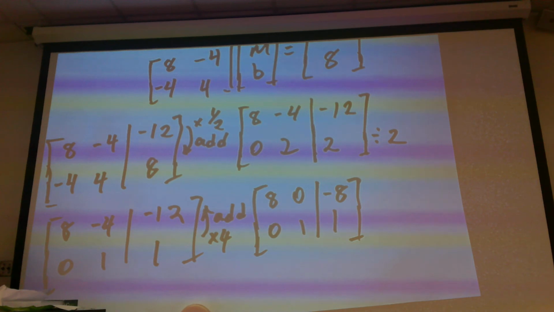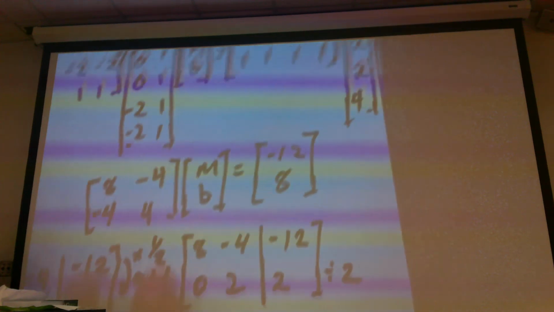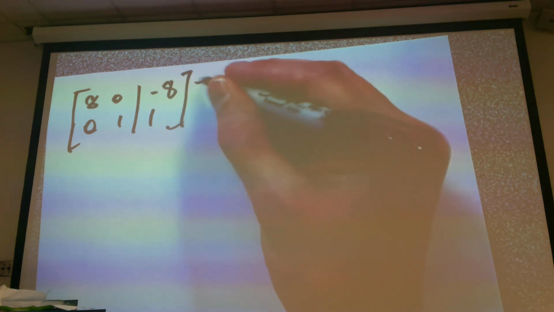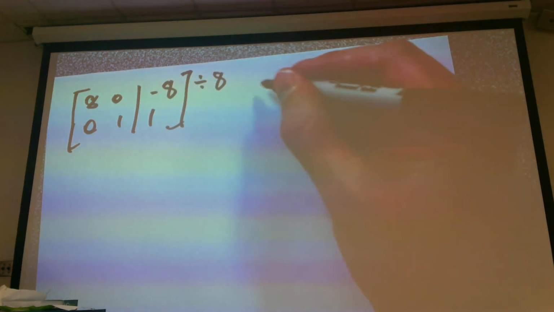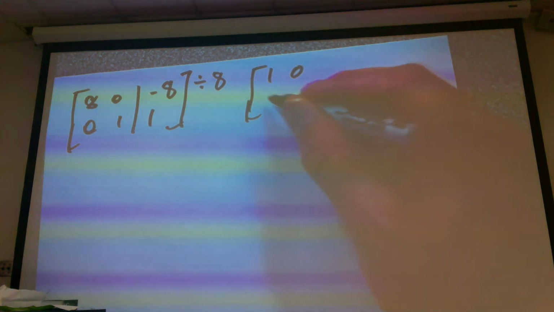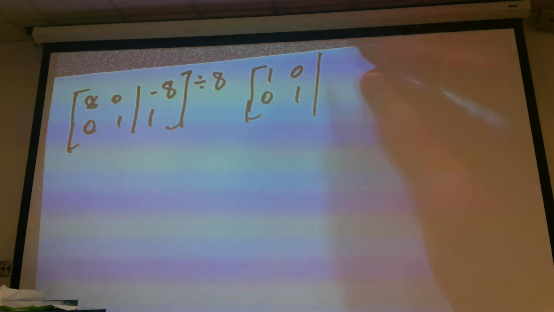Okay? So all right, now we're sitting at 8, 0, 0, 1, augment 1, negative 8. And now we're going to divide by 8. And we're going to get 1, 0, 0, 1, augmented with negative 1 and 1.